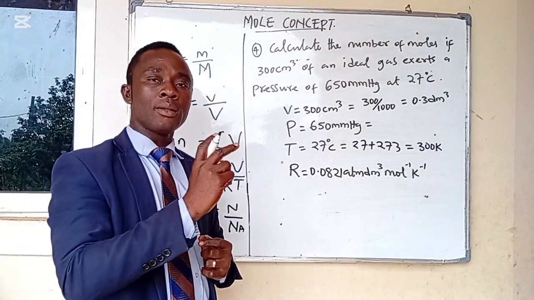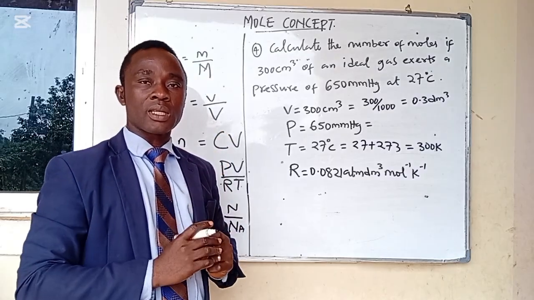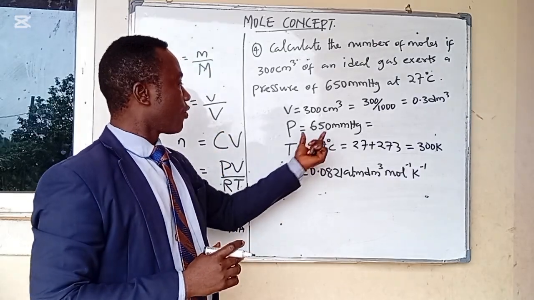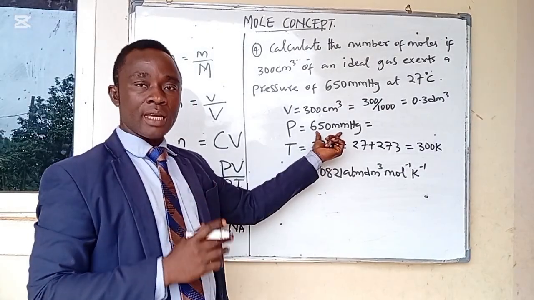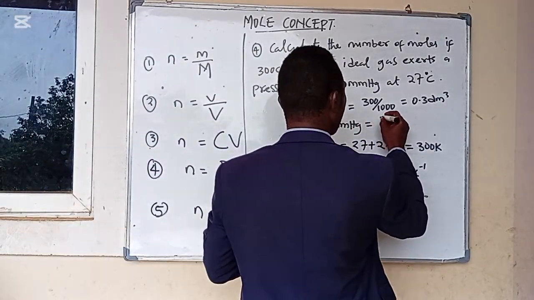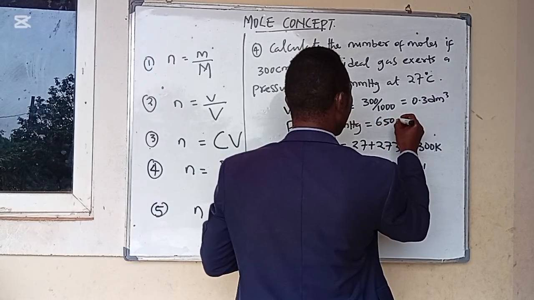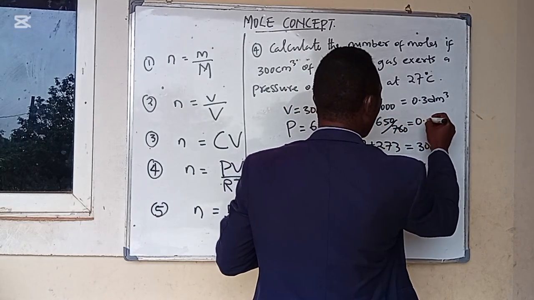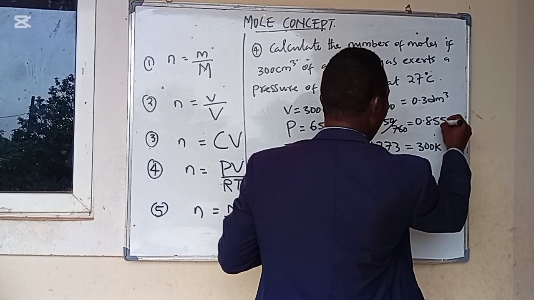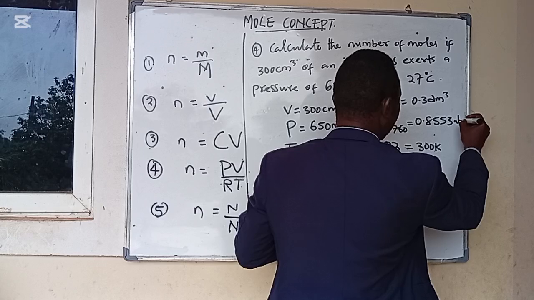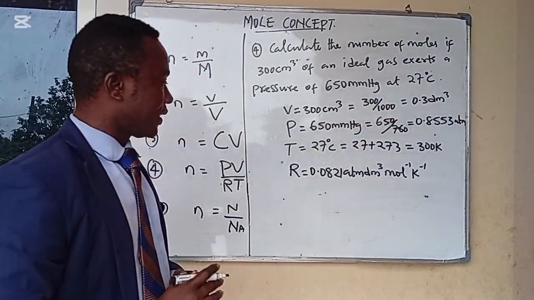You know that 1 atm is equal to 760 millimeter mercury. That means to convert millimeter mercury to atm, we divide by 760. So that will become 650 divided by 760, which will give us 0.8553 in atm. So it's now in atm.